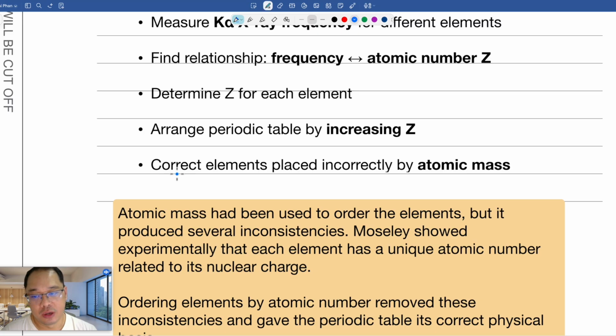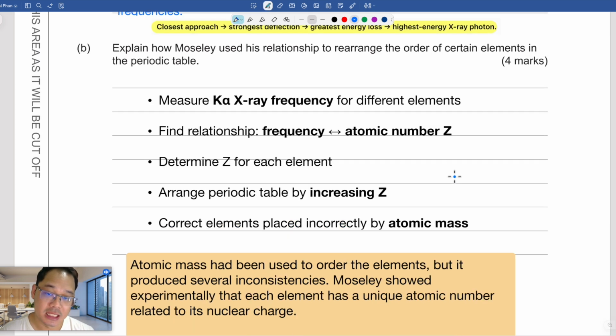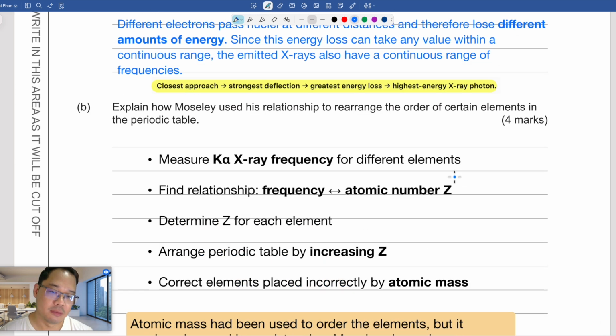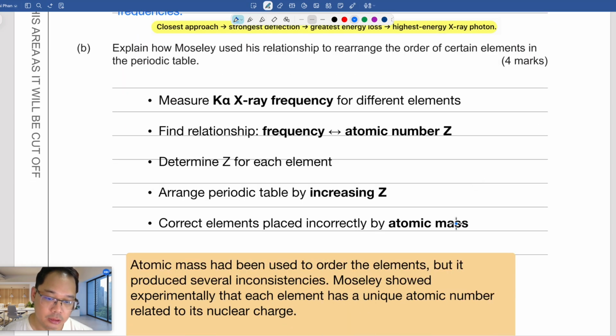Okay, the final idea here is that if we do it the old way, there is some inconsistency in the chemical properties of elements when we arrange those elements in increasing order of atomic mass, rather than the later improved version of the periodic table arranged by atomic number.